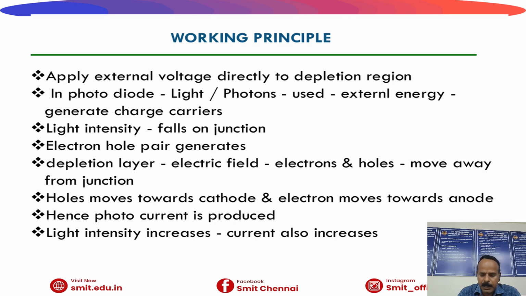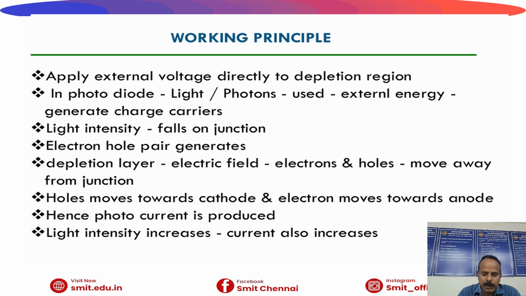This dark current exists even in complete darkness and represents the minimum current of the photodiode. When light is incident on the photodiode, the total current becomes the sum of dark current plus the photo current. So it is nothing but the addition of both currents mentioned above.